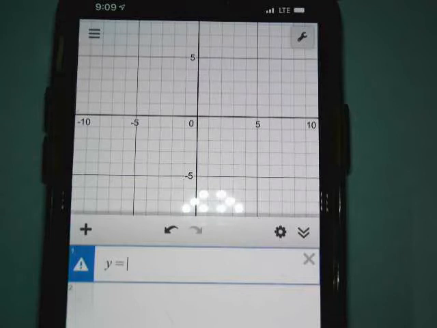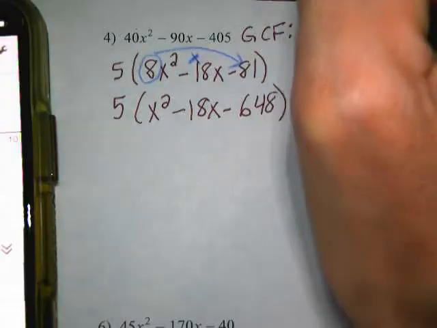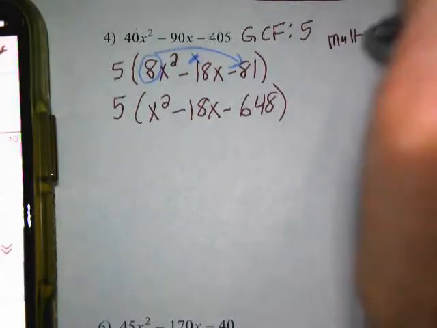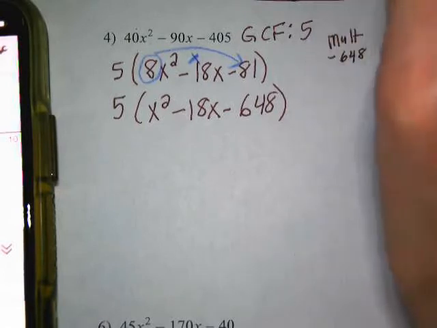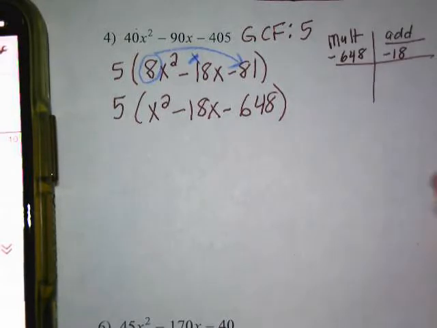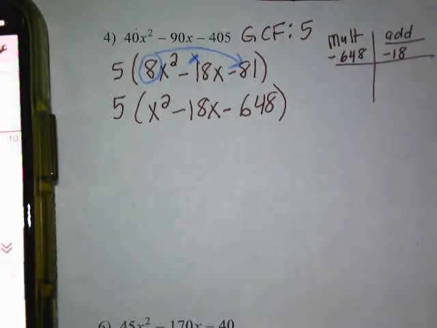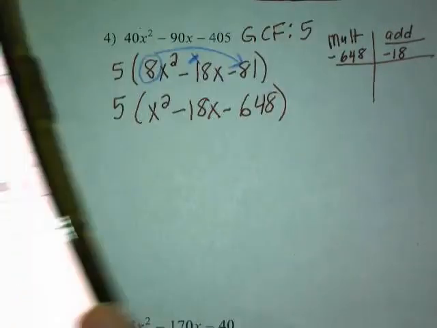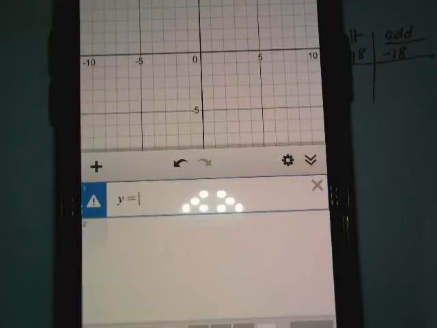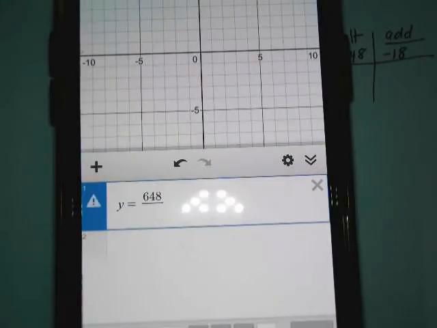So y equals your number, and here we're looking for factors that multiply to negative 648 and add to negative 18. So we're going to have one positive factor and one negative factor, which gives us a negative number. So I'm going to put 648 divided by x.